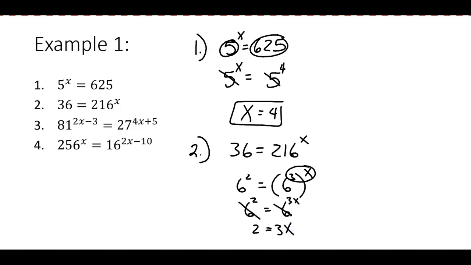And so here we would divide by 3. And so I get x equals 2 over 3 as my final answer. And you could check this stuff on a calculator, for instance. You could do 216 to the 2/3 power. It should equal 36.